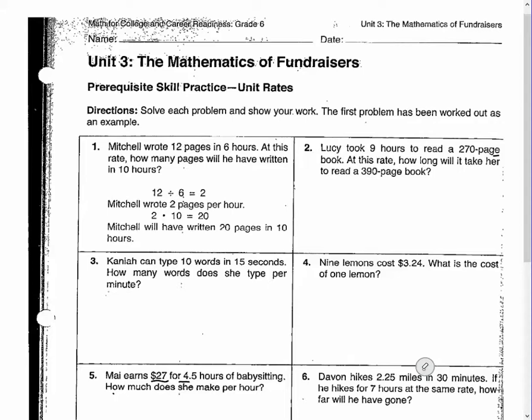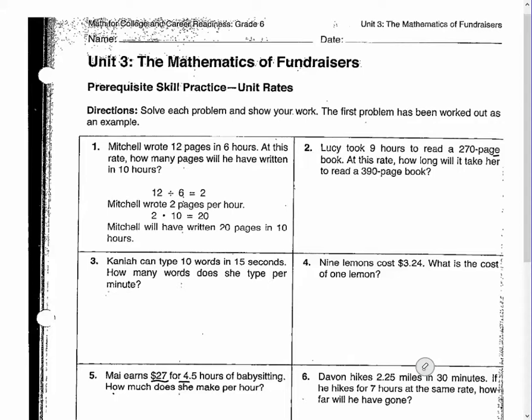So not all instances of unit rate involve money, but a lot of times we see that. It's a pretty everyday situation. But we're going to practice some other things as well. We have done a lot of work with proportions, we've done ratio tables, and we've done dividing. So we're just going to use maybe a hybrid of strategies to figure out these questions. We're going to get a handful of these done, and then we're going to move on to our homework.